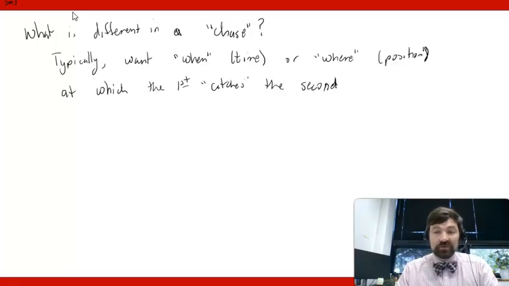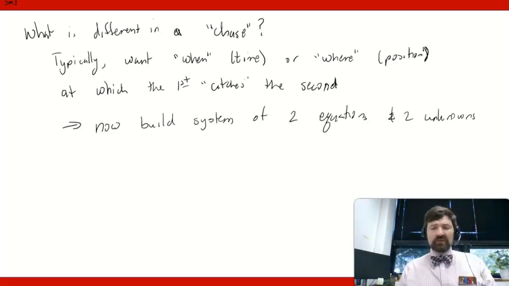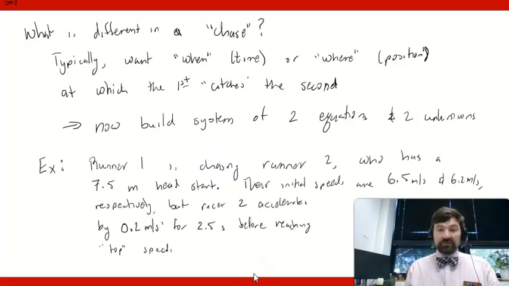And so what changes in the problem-solving approach is that instead of two separate equations that you're solving for an endpoint, you now have a system of two equations with usually two unknowns. The approach takes a few steps. So if we go back to the two racers and change them into chasers, so we call them runner 1 and runner 2, and use all the same information.